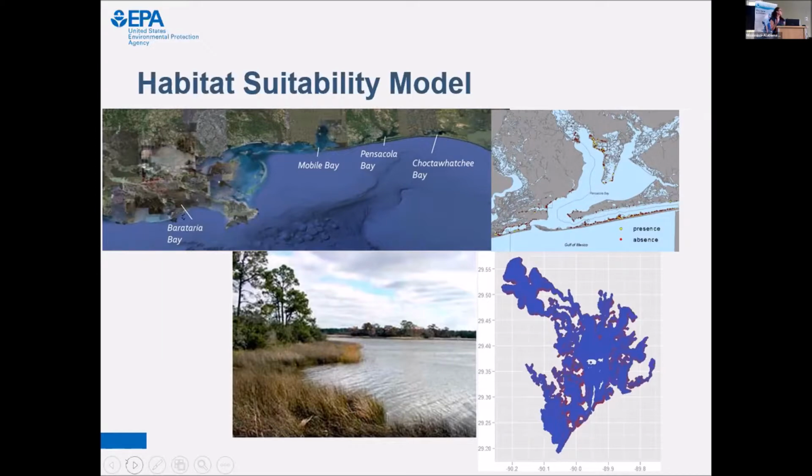When we wanted to transfer this model to predict distribution in Barataria Bay, we looked for the variables that were present for that water body. And we found salinity, dissolved oxygen, and depth were available. So using those 3 parameters alone, we constructed a distribution of where they might be expected to be found.